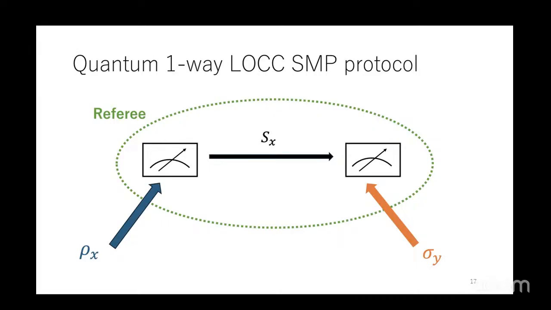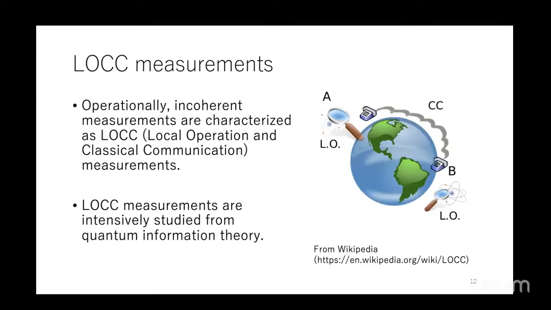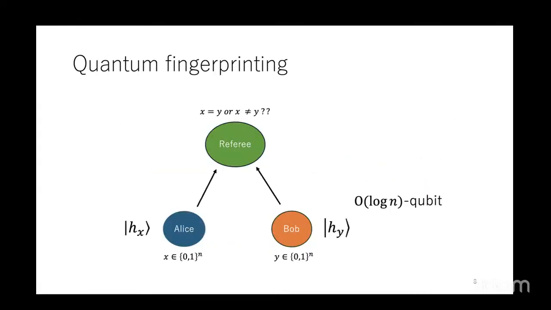No. Firstly, you consider the classical case. Classical case. Yes, the classical case. The referee wants to know whether x is equal to y or not by receiving messages from Alice and Bob.